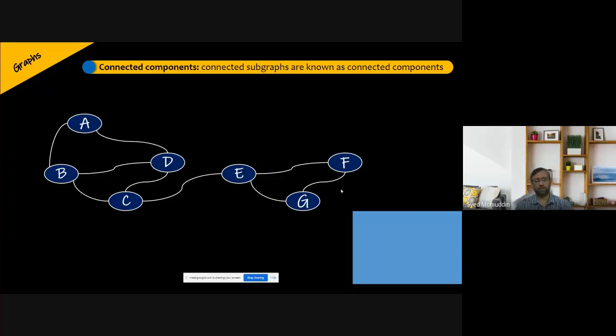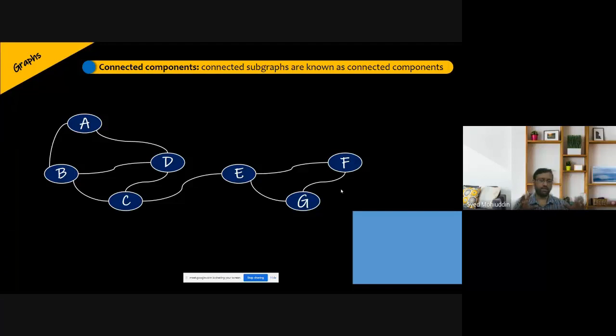They have also asked what is an articulation point, which we are going to see later. So as part of the theory, we have to know about these terms. Now, why have we seen subgraphs? Because a part of a graph is a subgraph.